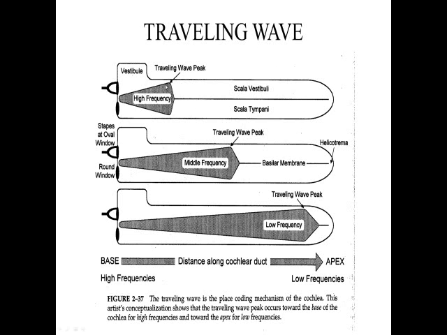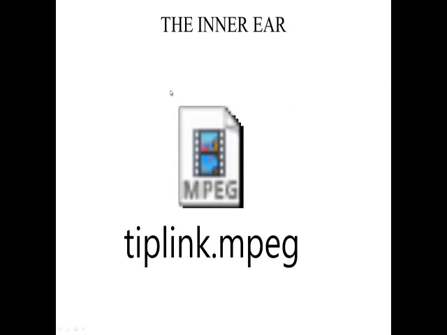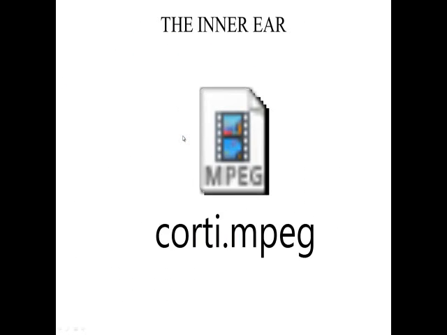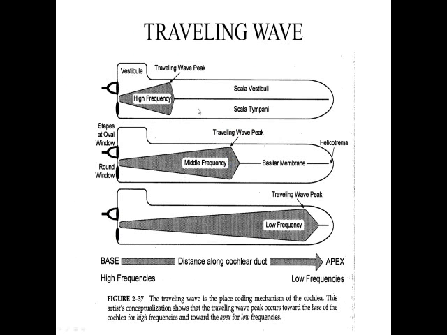So if I have a wave that peaks in one specific area much more than it is displaced in other areas, then these stereocilia will be shoved with more force at that one location against the tectorial membrane, which means that the nerve fibers hooked up to the hair cells at that one physical location will receive stronger signals than the nerve cells that were hooked up over here, or over here.